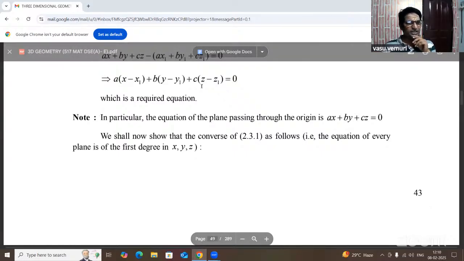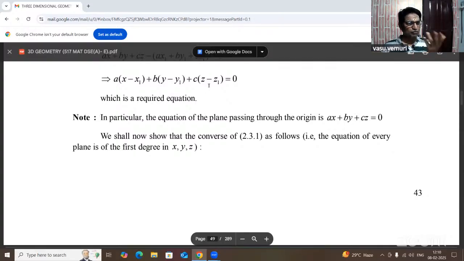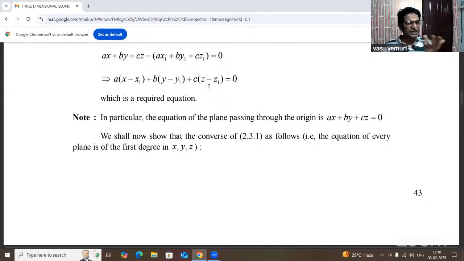Already we know that suppose one point is given, suppose x1, y1, z1 are 0. Finally ax + by + cz = 0.